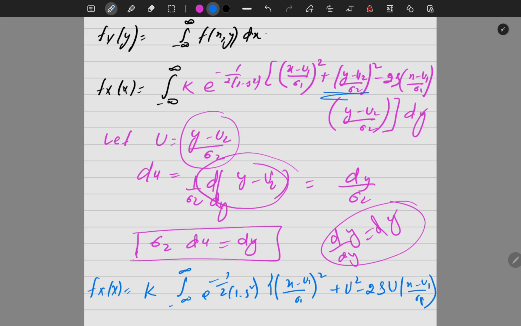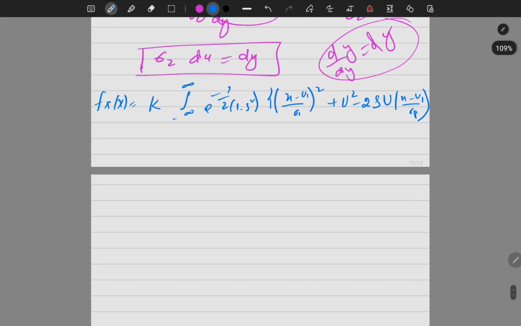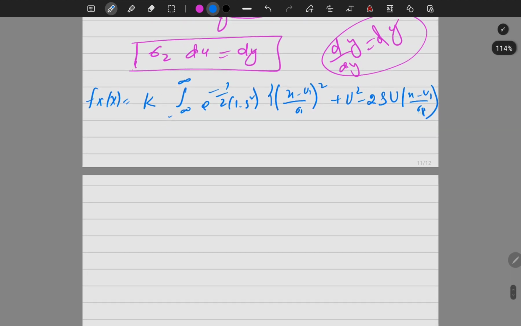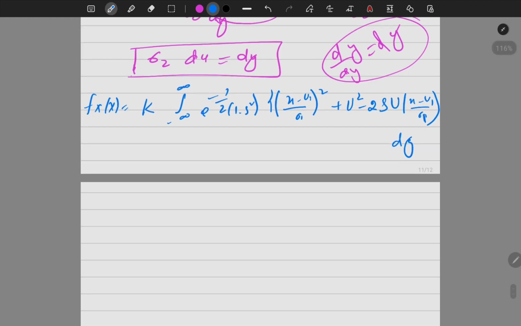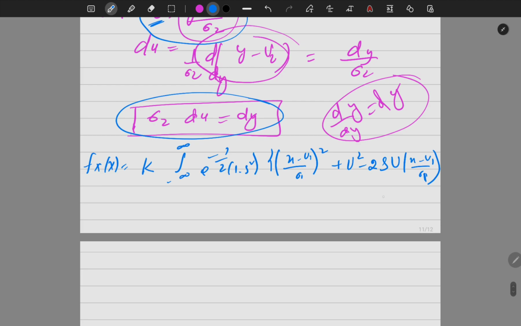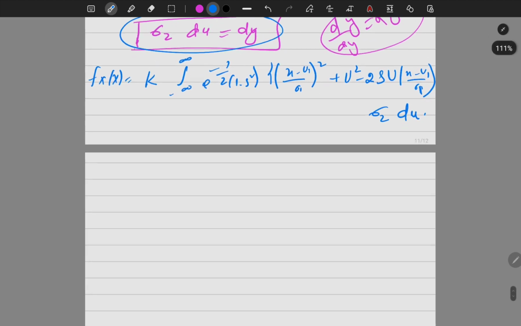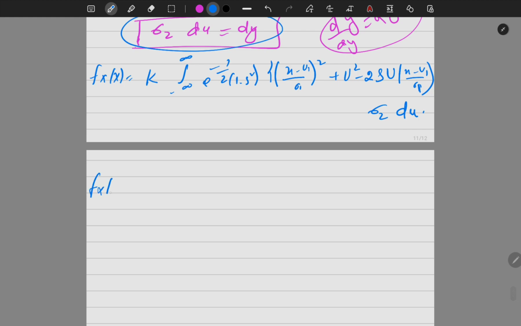In place of y minus mu 2 upon sigma 2, we let this quantity be equal to u, right? With the differentiation of dy, we have calculated that dy is equal to sigma 2 du. Then f of x is the integral from minus infinity to infinity.